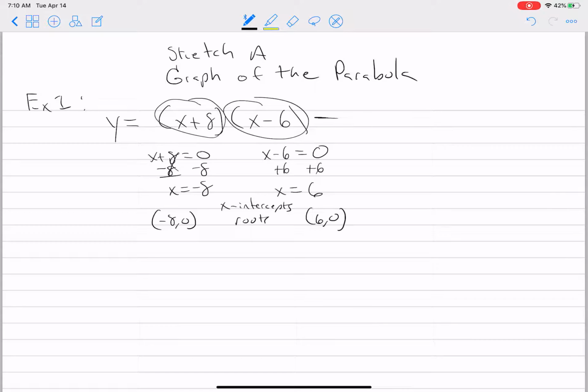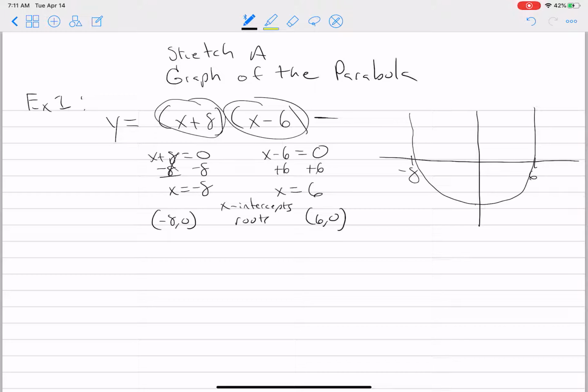Now let's think about a parabola. Let's just draw this off to the side. Here's a parabola. We'll call this 6, and we'll call this negative 8. Actually, that's wrong. We know this parabola looks something like this.